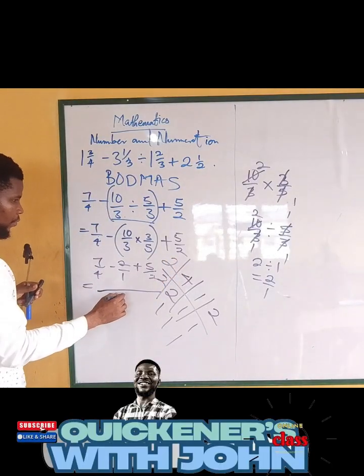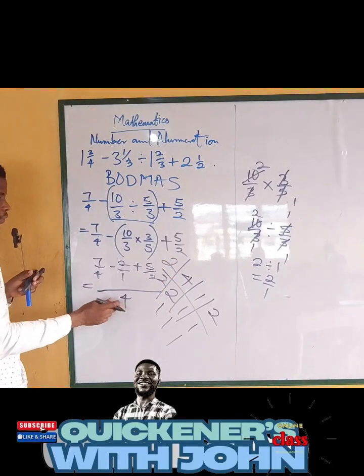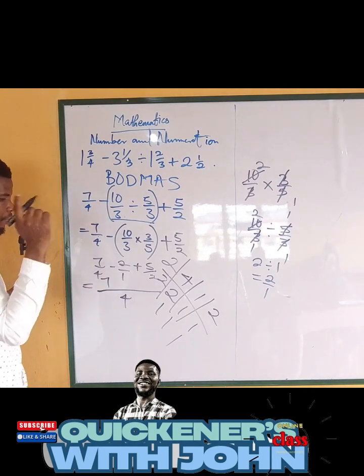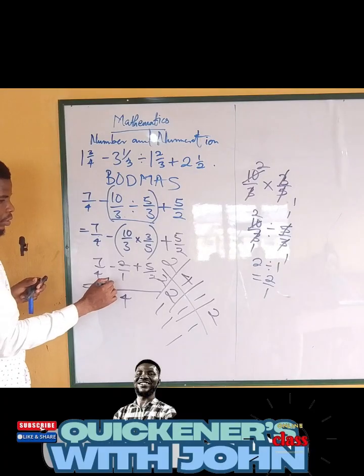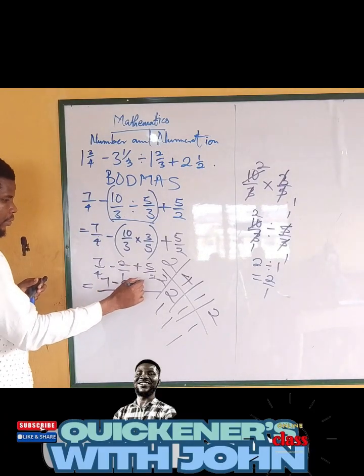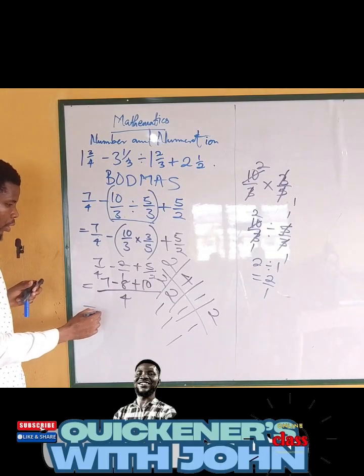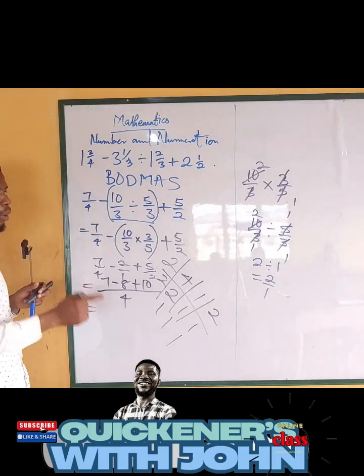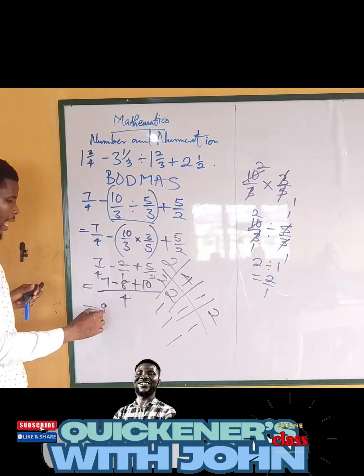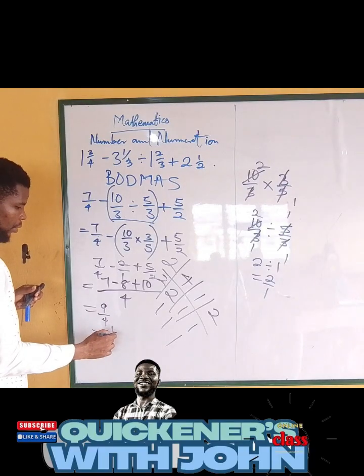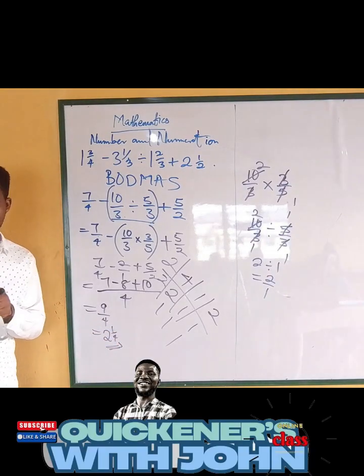So what do we have? 4 as our LCM. 4 divided by 4, 1. 1 times 7. 4 divided by 1, 4. 4 times 2. 4 divided by 2, 2 times 5. And I add the numerator. 7 minus 8 minus 1 plus 10. 9 over 4. And that will give you what? 2 over and make that what? 1 over 4. That is the answer, class.